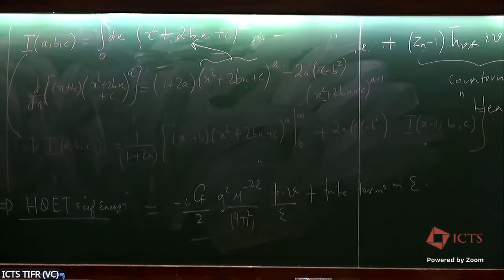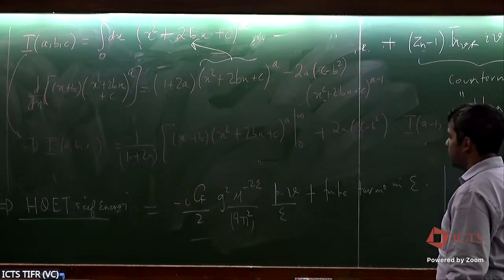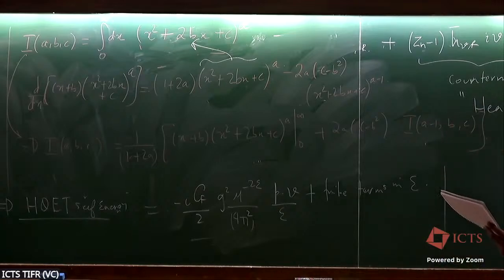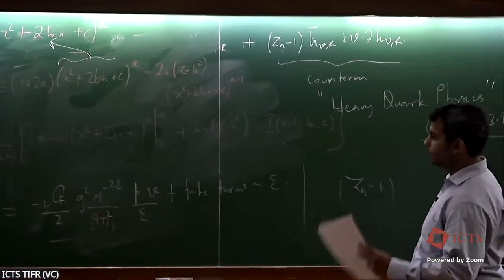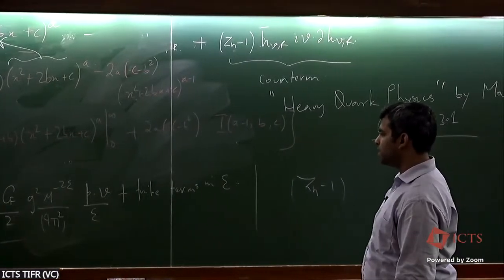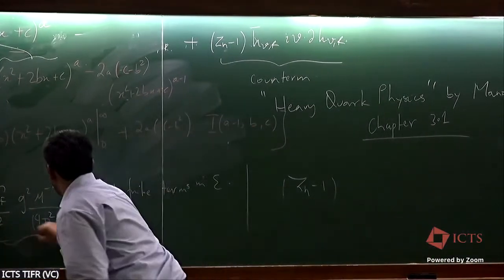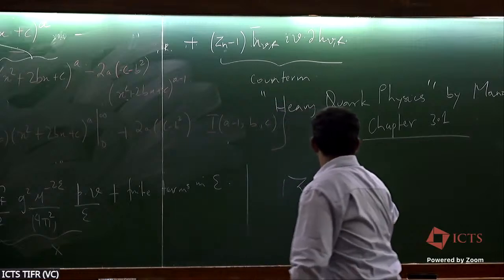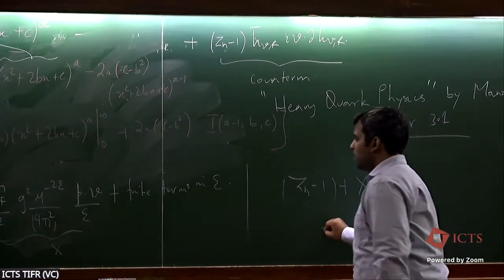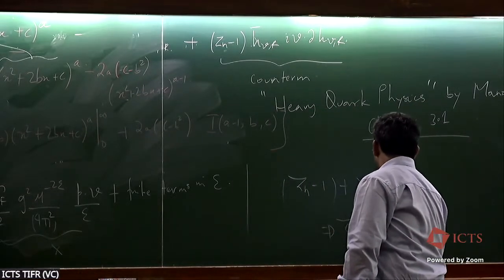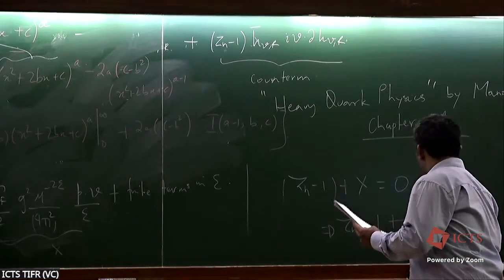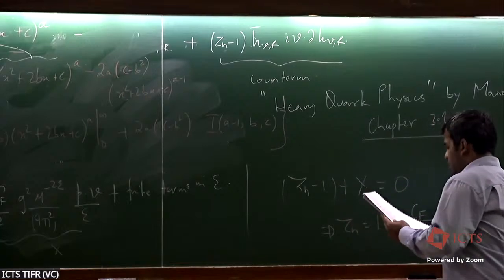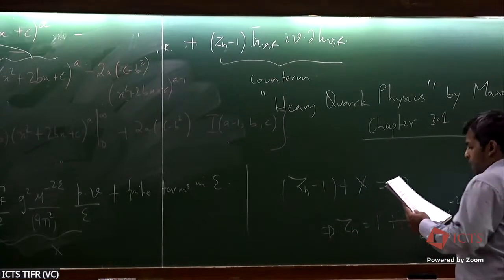Once you extract the epsilon pole, we already know what the counter term is. The counter term is ZH, which we had defined as ZH minus 1, which should cancel this thing. So let me call it X plus X is 0, and so ZH is 1 plus CF by 2 mu raised to minus 2 epsilon alpha S by pi epsilon.